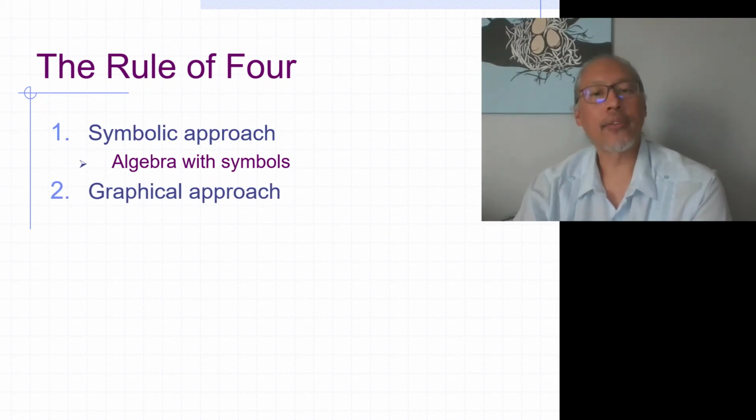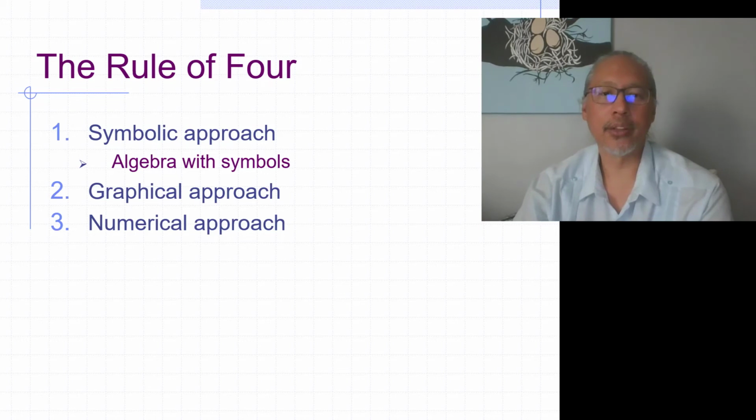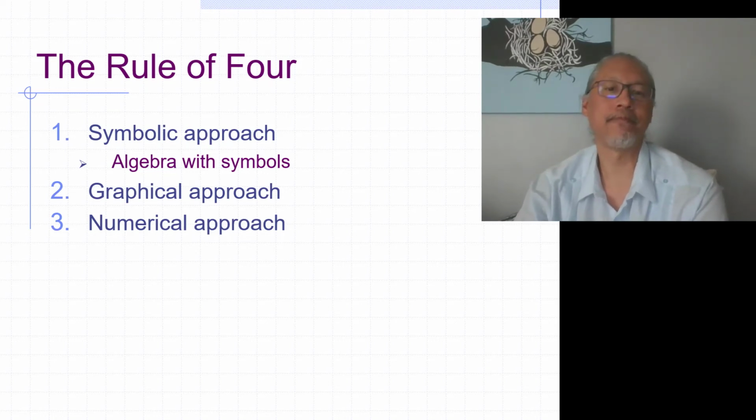Another approach would be the graphical approach, understanding how the graphs would look and analyzing the graphs. The other is the numerical approach, making a table, plugging in values. What kind of numbers are you getting? Are these numbers expected, or are they so wrong that you probably did some calculations incorrectly?